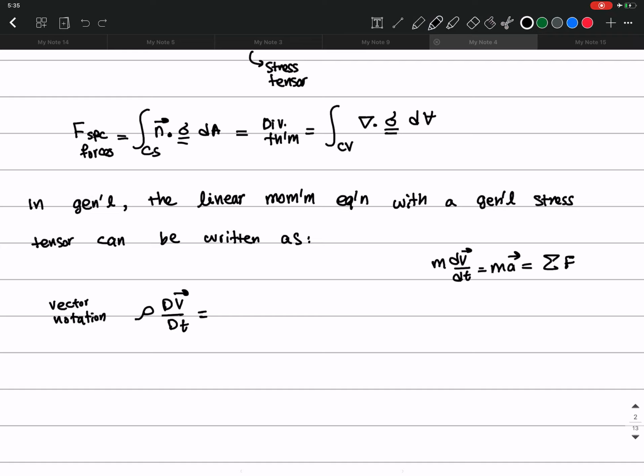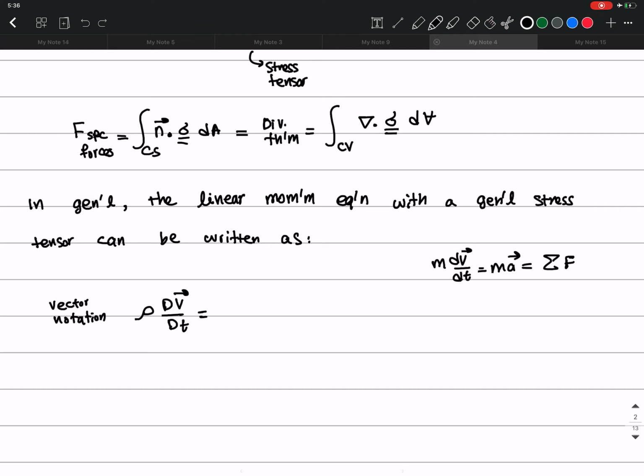And again, this is in the integral form. In the differential form, you just bring this out of the integral, because if you remember, we did that trick and wrote everything in terms of the control volume and volume integrals.